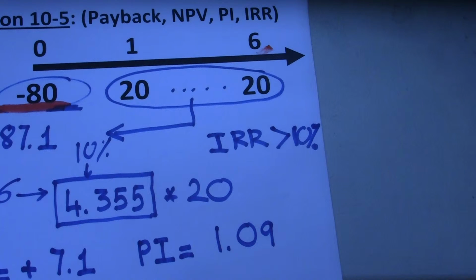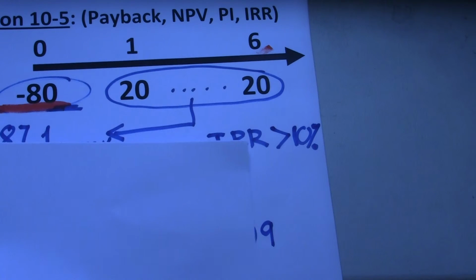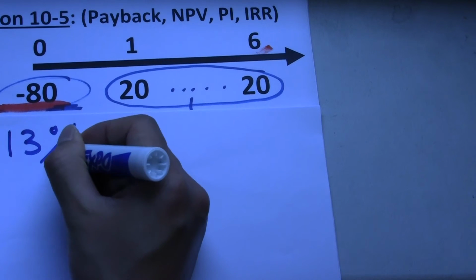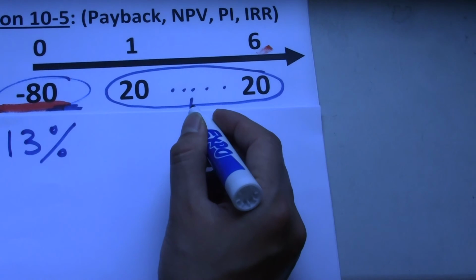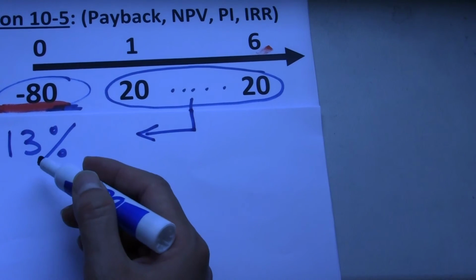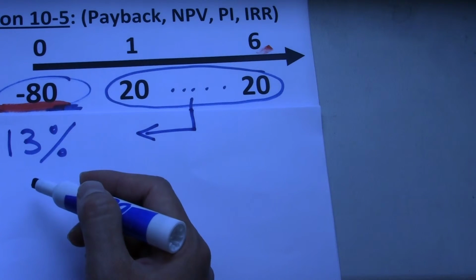Using a time value of money table, it is very difficult for us to calculate the IRR. However, if the question is, could you please verify if 13% is the IRR of this project? How can you do it? You simply discount all future cash flow back using the 13% discount rate.